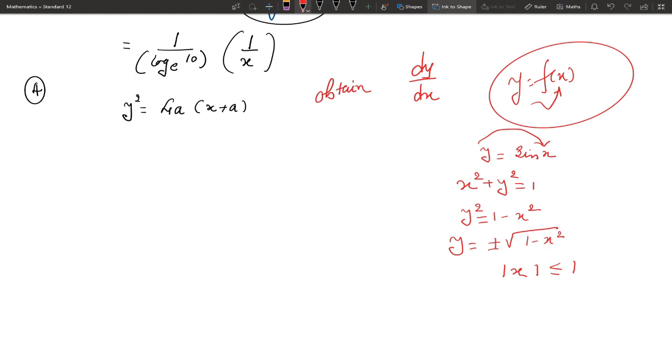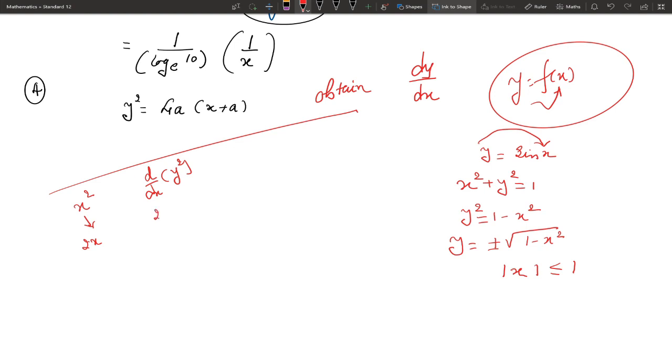So whenever there is an implicit function, what is the difference? You note the difference. Suppose you differentiate x square, then its derivative is 2x, that's all. But if you differentiate y square and y is an implicit function, always you have to consider y as an implicit function of x. So you note this difference.